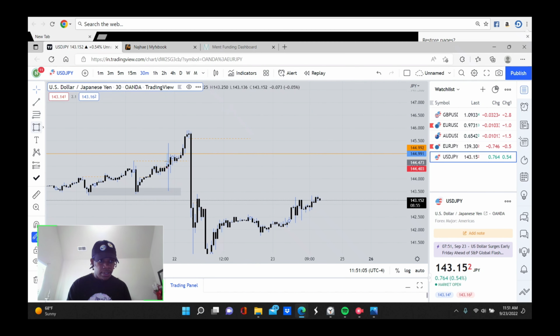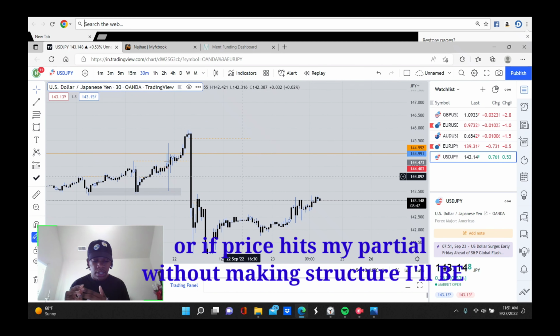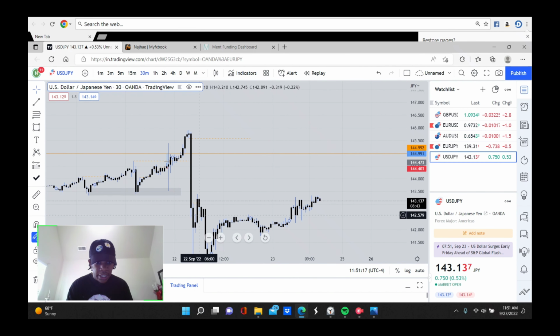All right. From a supply and demand perspective, this whole gap has to get filled, but not the whole thing. You see how after that it got filled a little bit? There will still be imbalance from this candle because you still have this gap left.